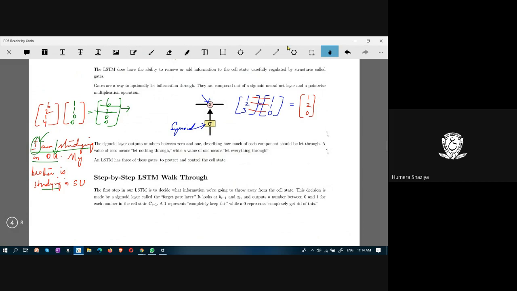If you multiply any number with one, the output will be that number. So in this scenario, you have 6214, but you are passing just 62, not 14, because 14 you are just forgetting, removing from the vector. That is what is happening in LSTM and GRU.